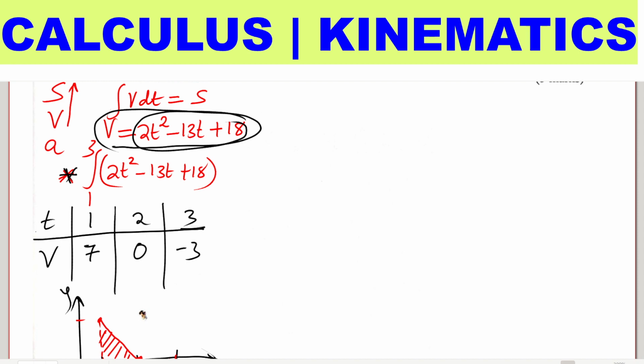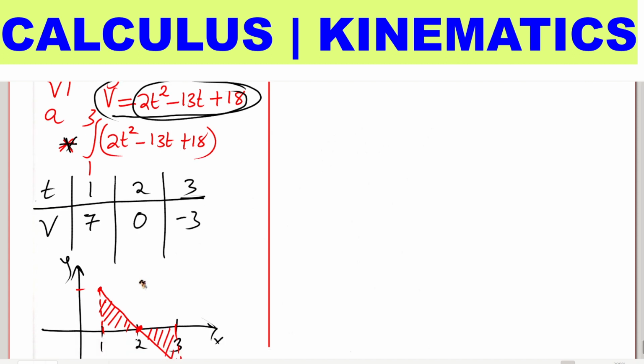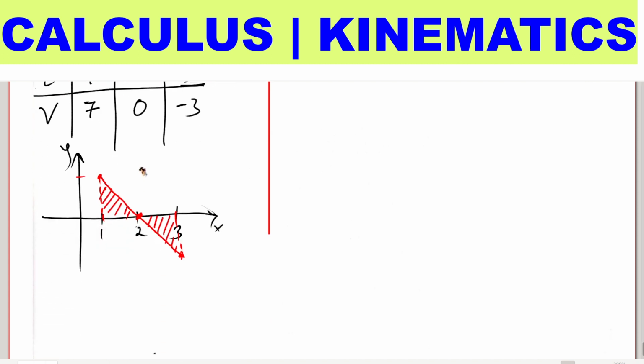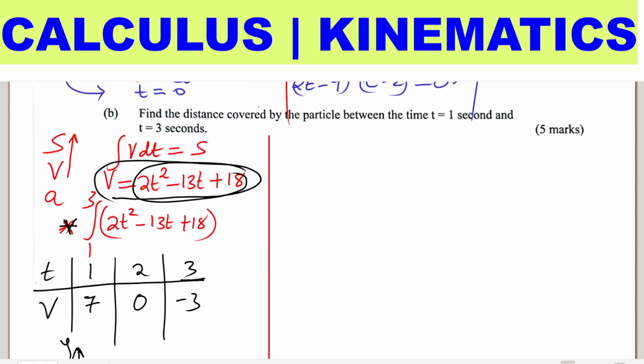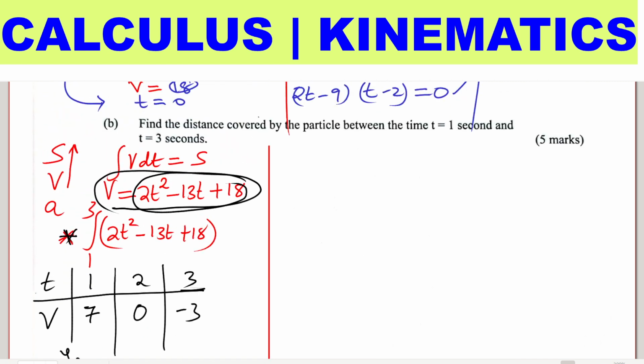So I'll do that one here. This is what you're going to have. I will integrate from 1 to 2, and I'm integrating this velocity because I want to get the distance.